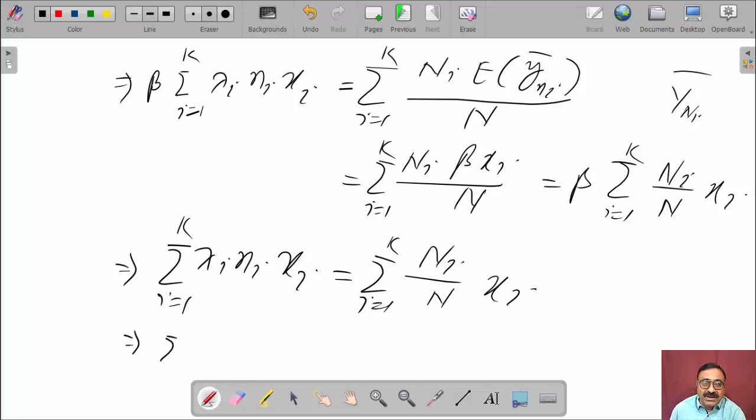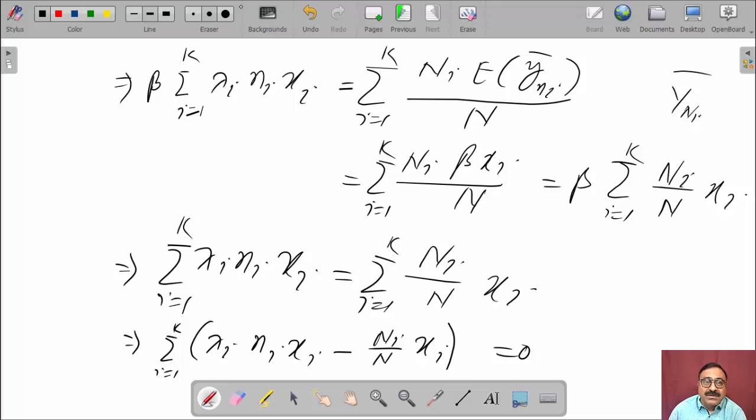When t is unbiased, summation i equal to 1 to k lambda i (n_i x̄_i minus n_i by n x_i) equals 0.